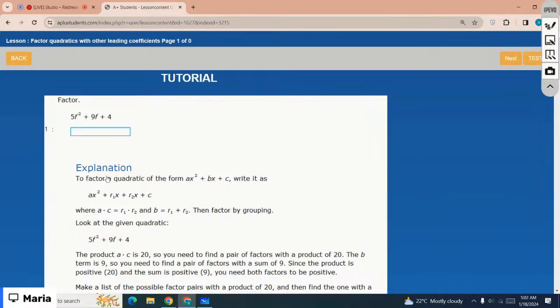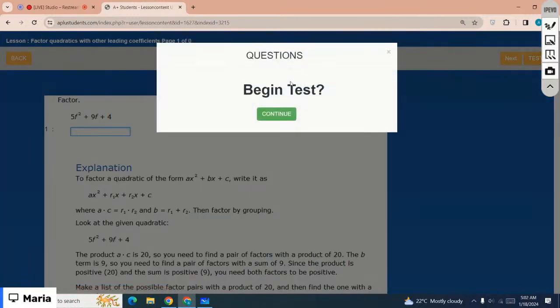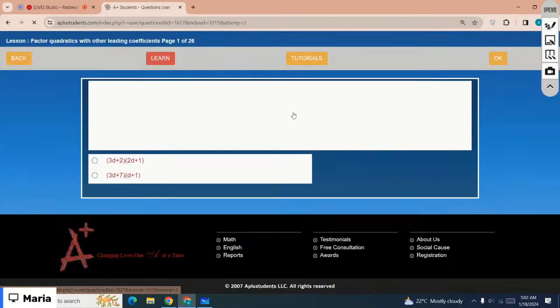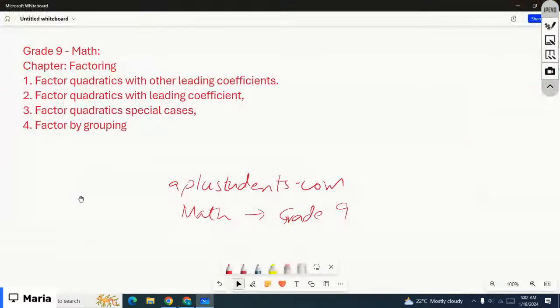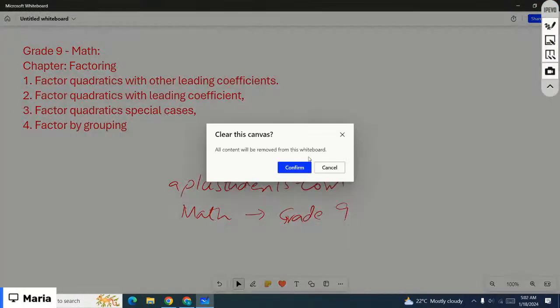Let's start with the first question, that is 3d square plus 10d plus 7, right?